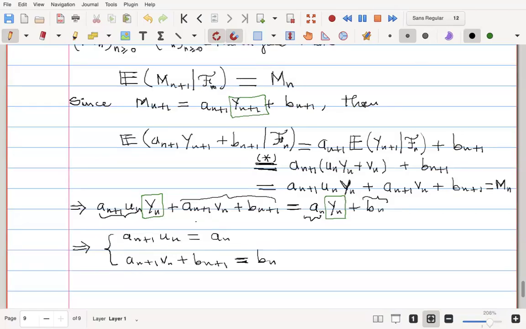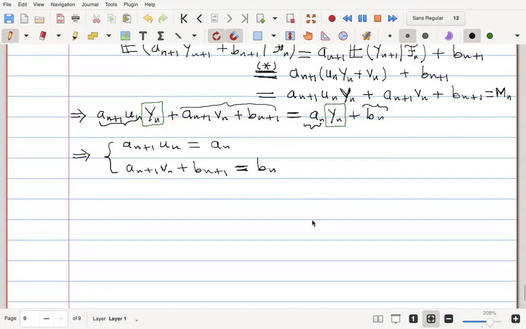Good. So now we are going to solve this recursively. Okay, let me call this equation 1 and this one equation 2, right? Equation 1, equation 2.